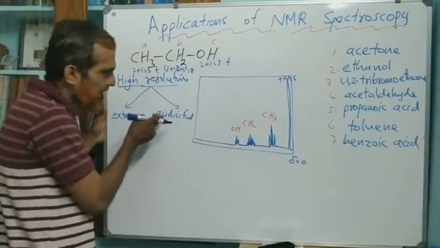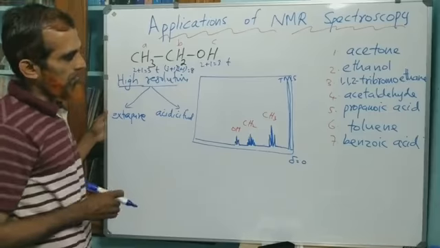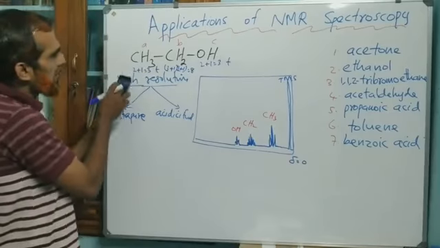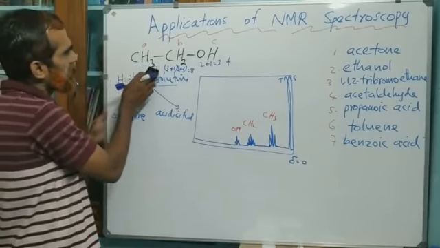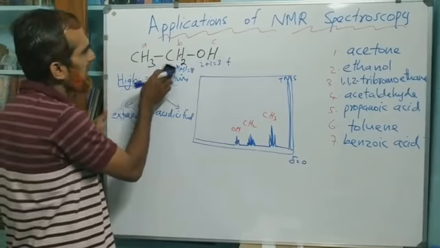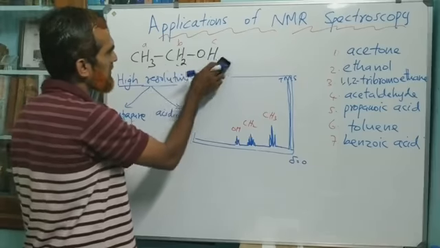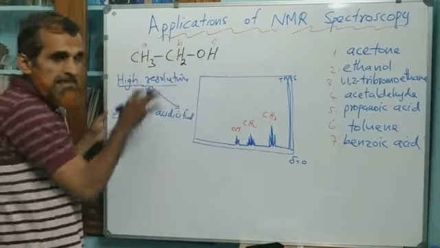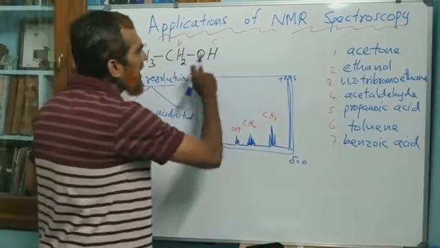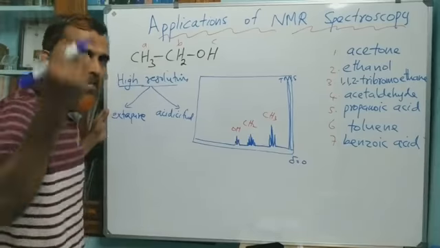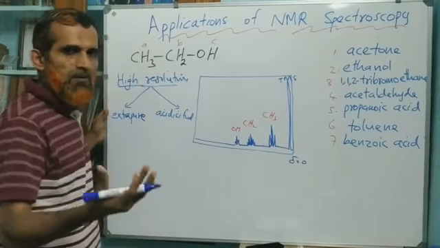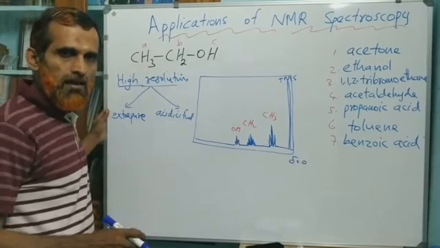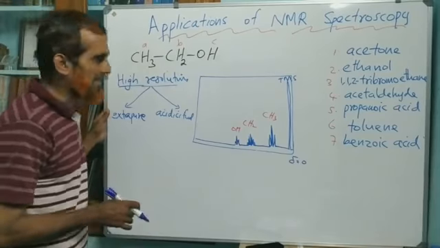Now, when ethanol is slightly acidified, there will be some difference in the NMR spectrum. What is the difference? It's very interesting. When it is acidified, this OH proton undergoes continuous migration, transfer from one molecule to the other, with the help of acid.